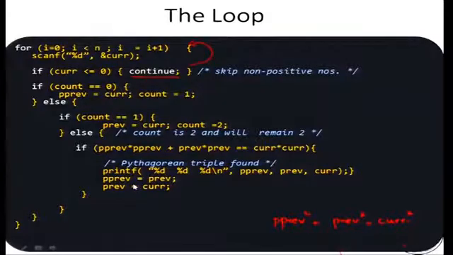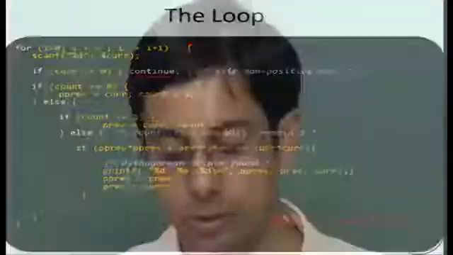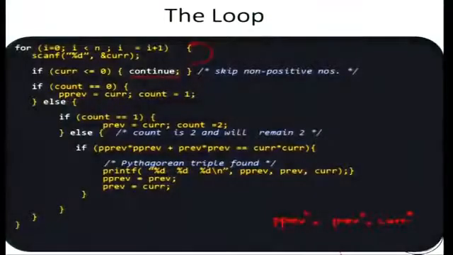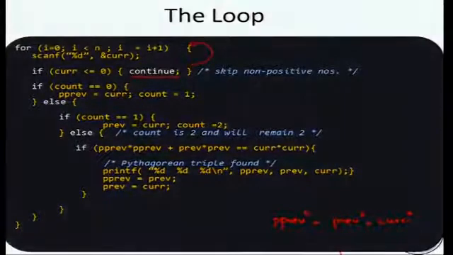So previous to previous will become previous, previous will become current. So recall the figure that I first drew, and then we will go back to the loop. Okay. So this is the code for identifying the Pythagorean triples, okay, and it encodes exactly the logic that we did by hand.